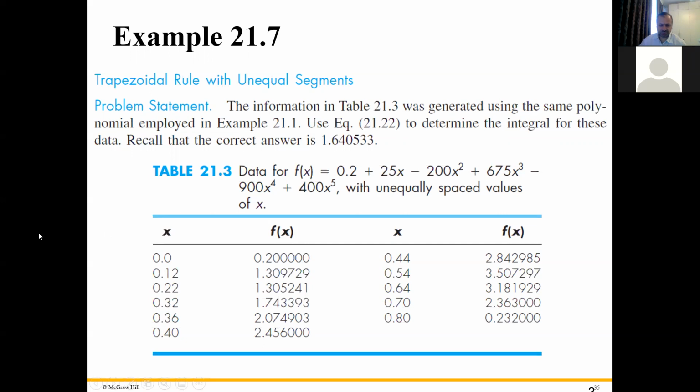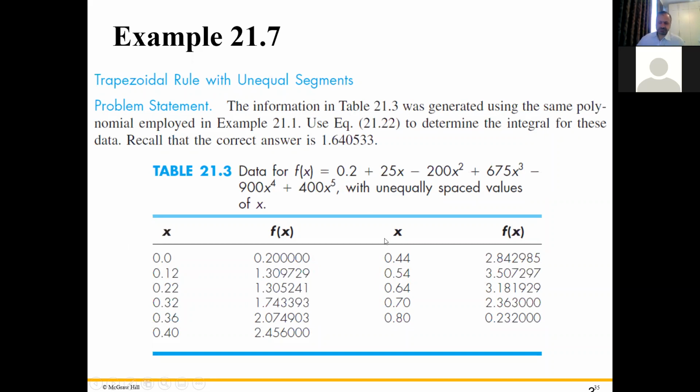The length of the second segment is 0.1, and so on. So the length of the segments are changing. So then in this case, how will we find the area under this curve? How will we integrate it from 0 to 0.8?